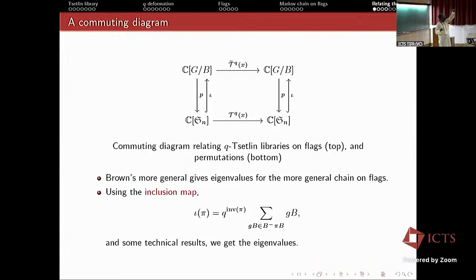You know that if an eigenvalue is up there, in principle it can vanish on projection. So you don't even know that it's there, but one can sort of believe that it will be there below. But how do we know how many times it appears? For that, this inclusion allows us to build the transition matrix above from the one below.